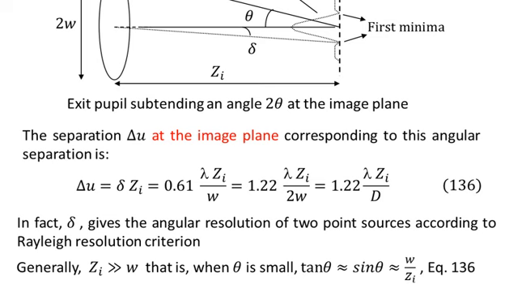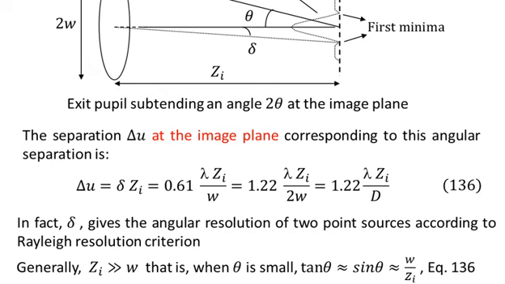This delta u represents the width corresponding to the small delta. So this is actually the half of the width of the main lobe.